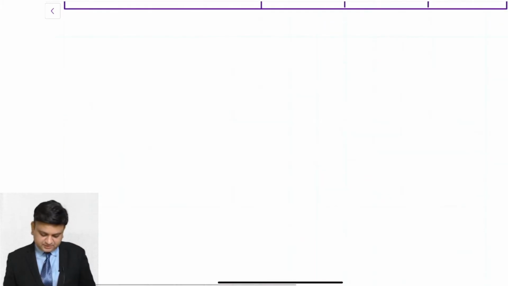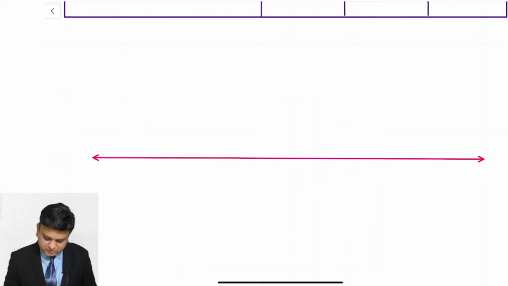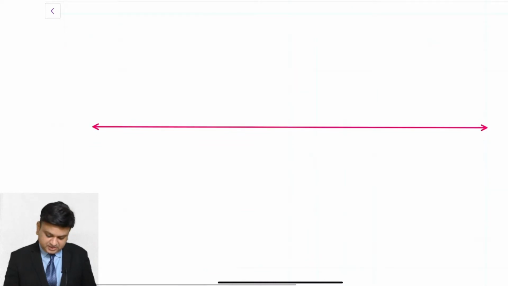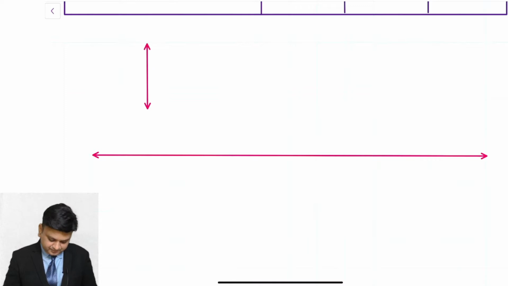Now let us draw the diagram. Again on the x-axis we will take the independent factor, that is the spot price of the underlying asset, and on the y-axis we will take the dependent factor, that is profit or loss.